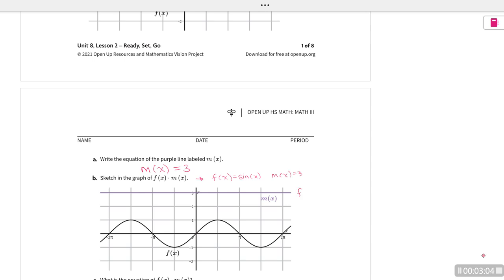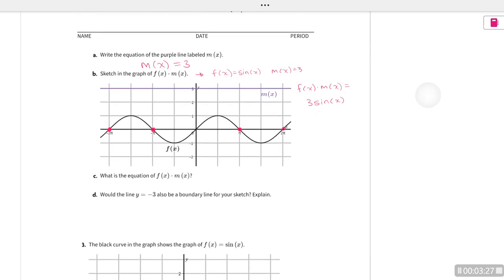So really, f of x times m of x is 3 sine of x, right? That's what we get when we multiply those. So basically, all our zeros, when we multiply by 0, these are going to stay exactly the same. Those zeros, 0 times 3 is still 0.